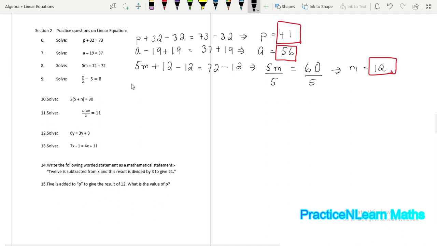Next, y over 3 minus 5 is equal to 8. So, I need to add 5 on both sides.